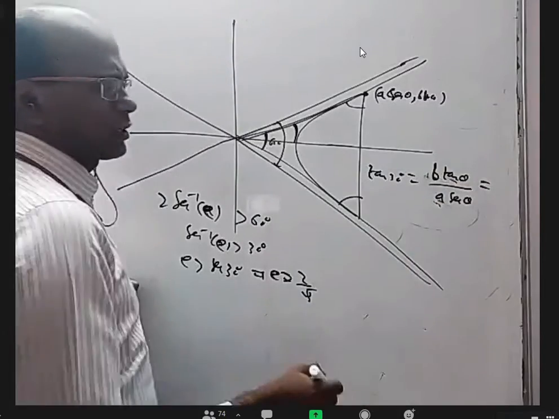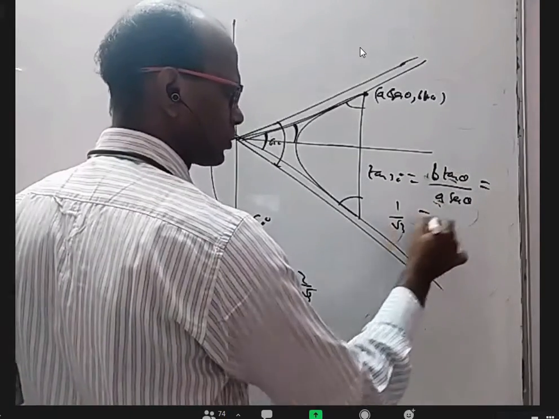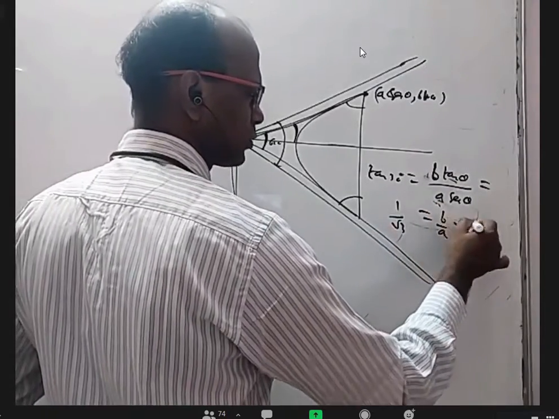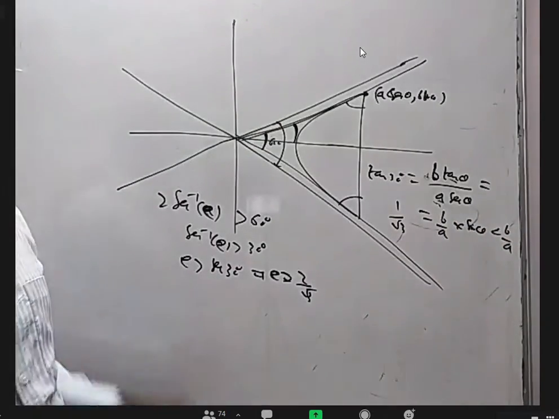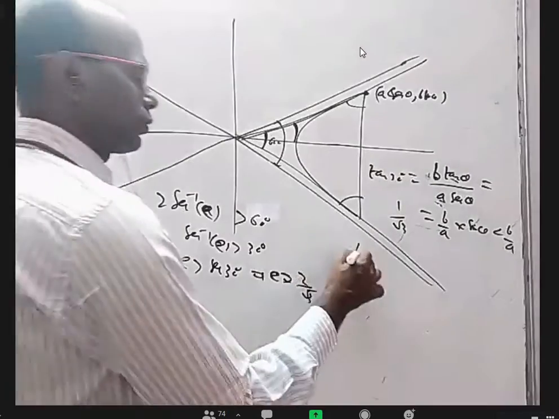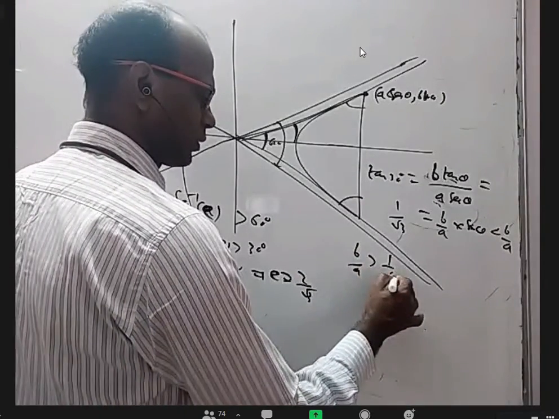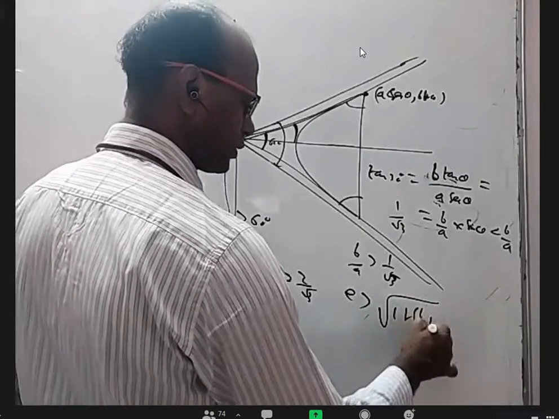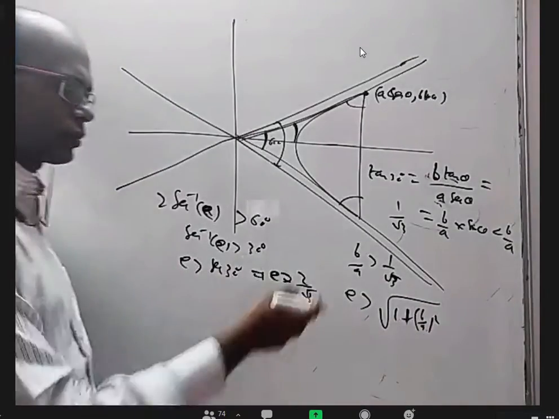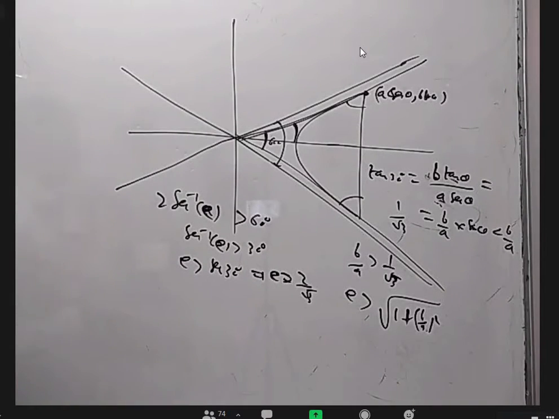This is sin by cos, this is 1 by cos. You'll get 1 by root 3 is equal to b by a into sin theta. But b by a sin theta is always less than b by a. So b by a is greater than 1 by root 3, which means eccentricity is greater than root over 1 plus b by a whole square. Substitute that 1 by root 3 here, and we'll get the same answer. It's just a visualization.